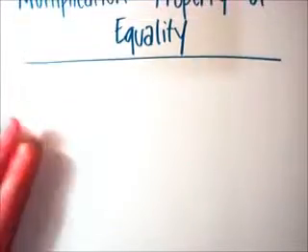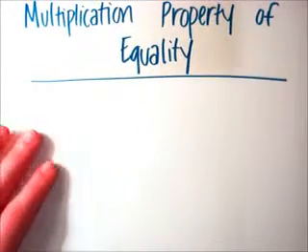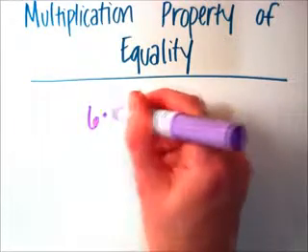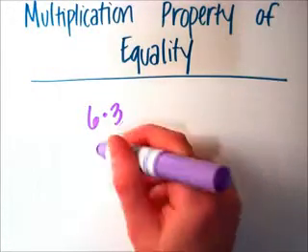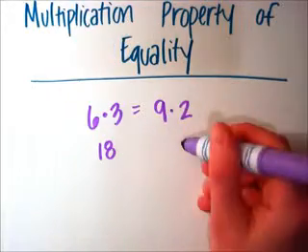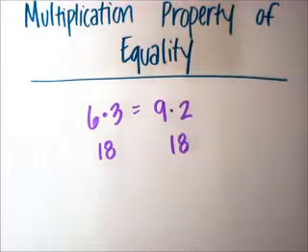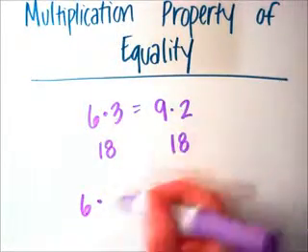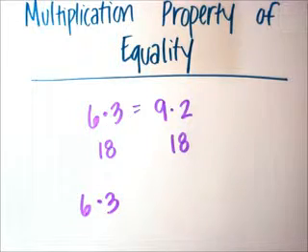The other property is the multiplication property of equality. So let's start off with a problem. Suppose you had 6 times 3, which we know is 18, and we know that 6 times 3 is equivalent to 9 times 2, also 18. Well, what if I were to multiply both the left side and the right-hand side by 2?